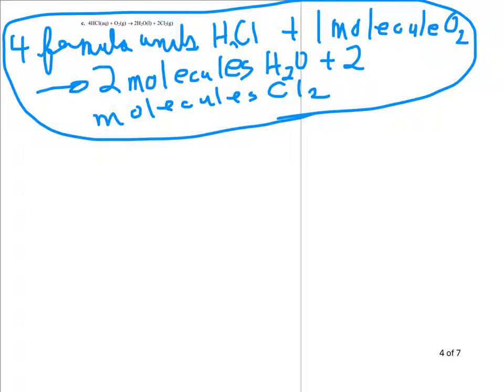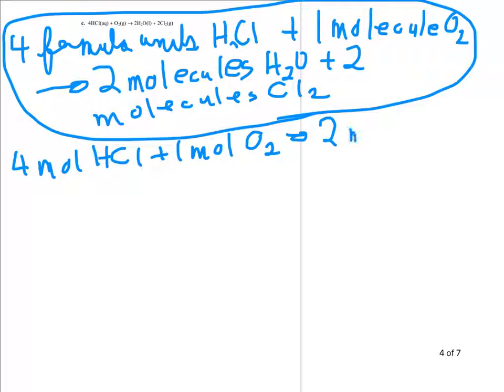And in terms of moles, 4 moles HCl plus 1 mole of O2 yields 2 moles of H2O plus 1 mole of the Cl2.